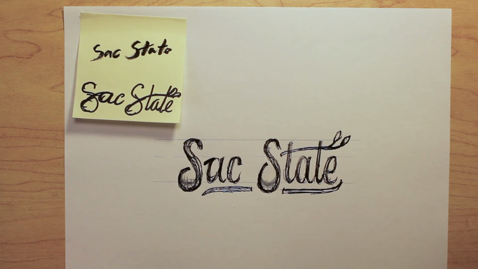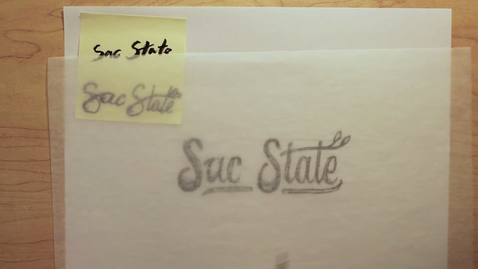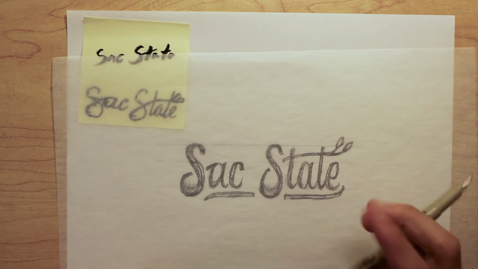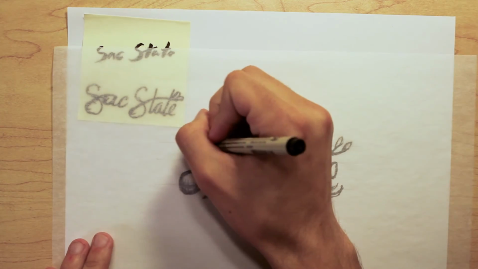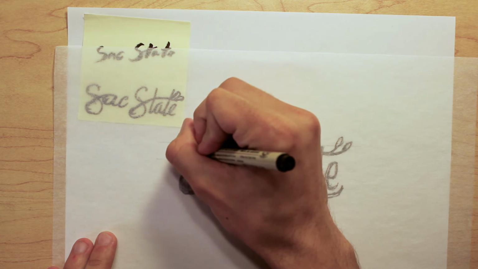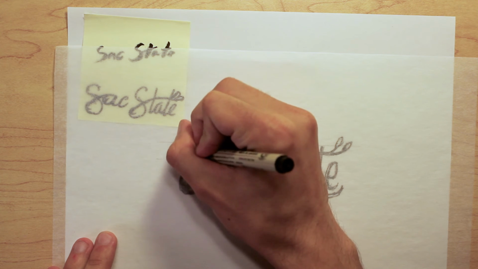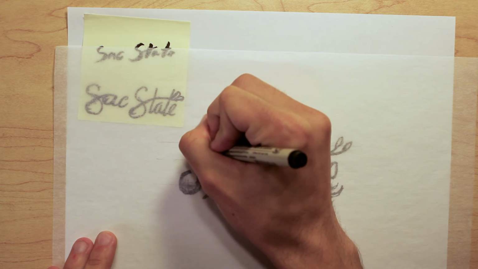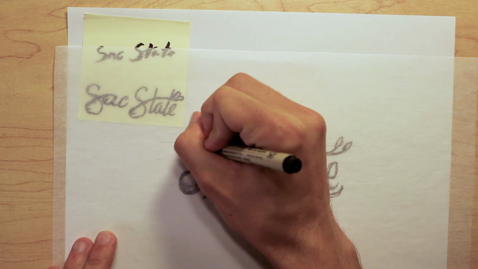And once you're ready to ink it, you could just put some tracing paper on top of it if you want to preserve the original sketch. Then you can just go back over and sketch the original sketch a little bit better, but in ink, and you could clean out a lot of those details that you were fixing up in the actual sketch.